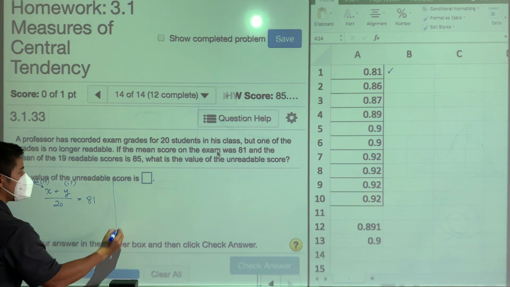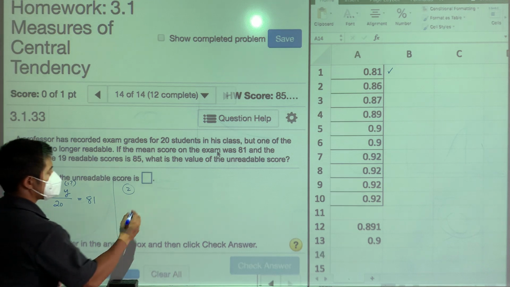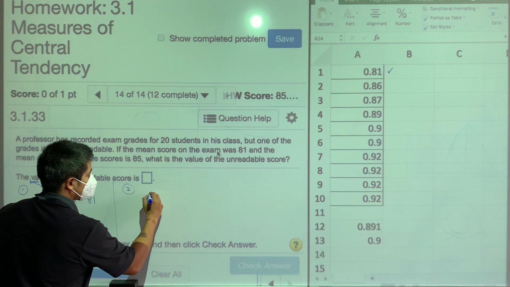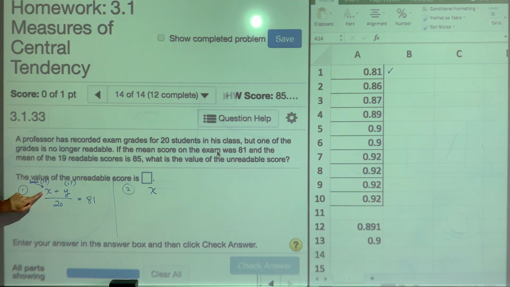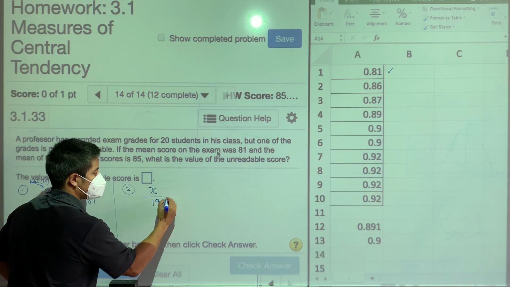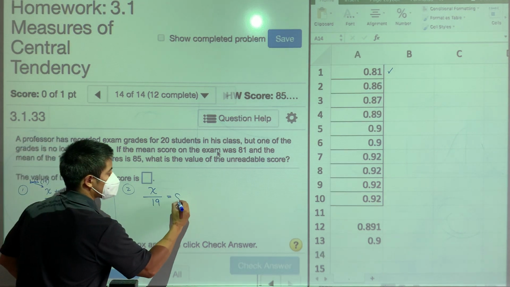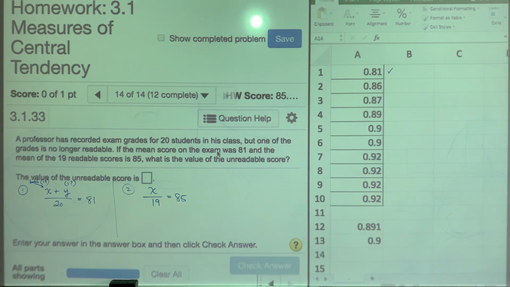All right. Let's take a look at part 2. They give us some extra information. They said that the mean of the 19 readable scores, so these guys, the 19 scores, when I divide them by 19 to average them, the average score is 85.